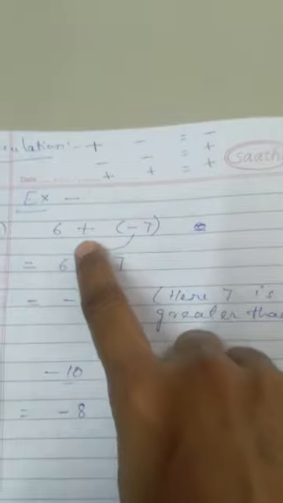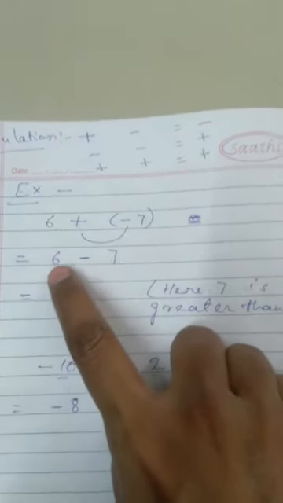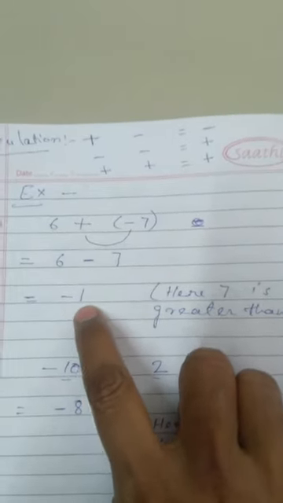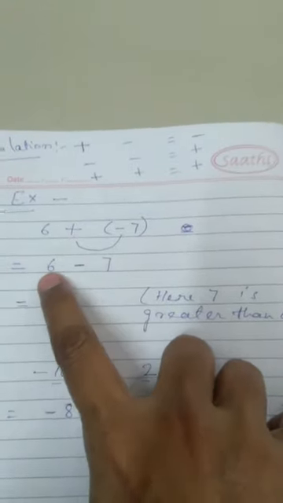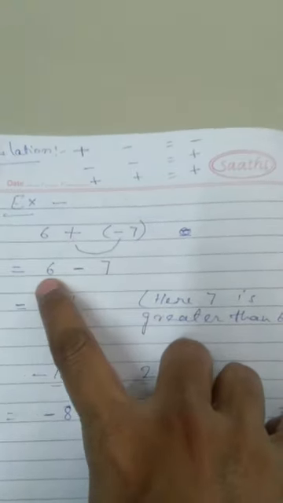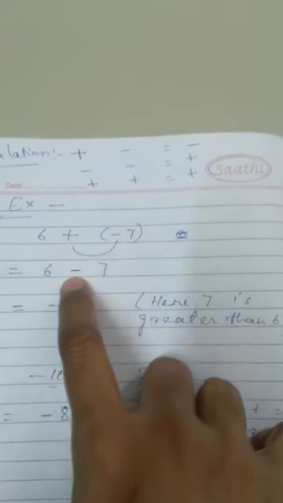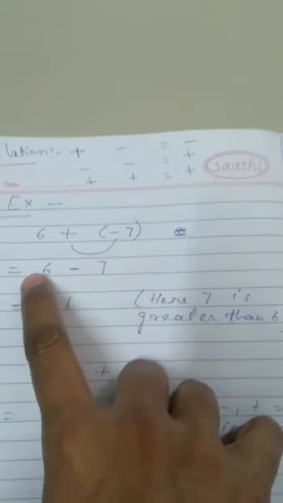Plus minus becomes minus, and 6 minus 7 means minus 1. For this sign, we have to see which number is greater, either 6 or 7. Here 7 is greater and its sign is negative, and 6 is smaller and its sign is positive.